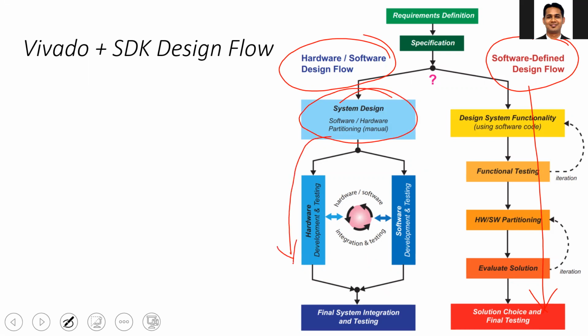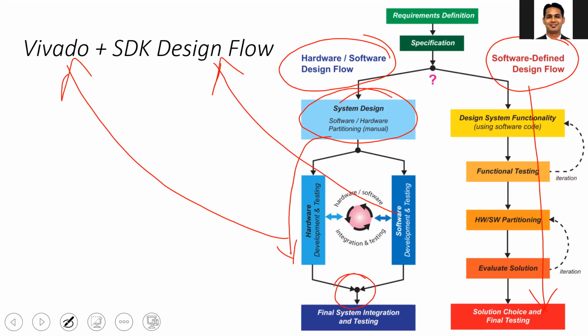You complete the hardware part in Vivado by using Verilog, VHDL, SystemVerilog or HLS, and you complete the software part using C or C++ in the SDK, and then integrate them together like we discussed in the previous theory lecture about the Zynq boot process, where you have the ELF file, FSBL, SSBL, and the board support package along with the hardware file, and you integrate them together to make it work on your SoC board.